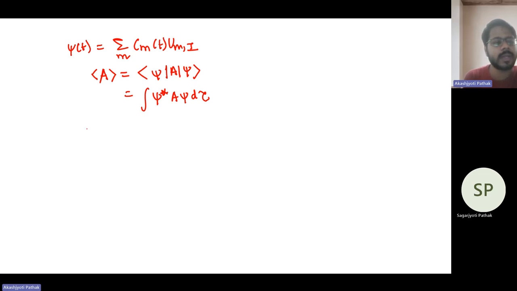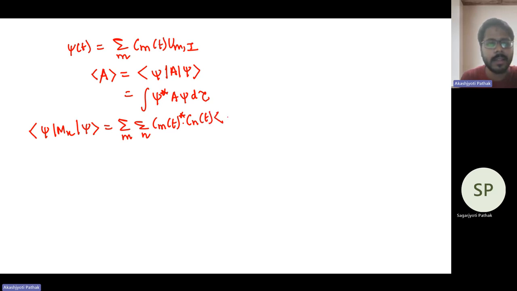Now, for example, the expectation value of mx, the operator for the x component of the magnetization, in terms of the function u m will be given by the sum over m and n of Cm of t star, Cn of t, times psi m, mx, psi n. So we are expressing it in terms of the function u m.